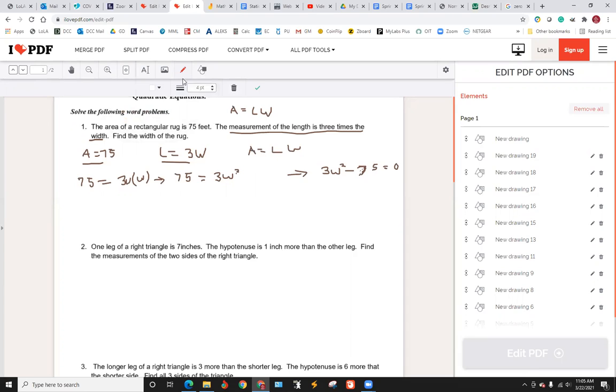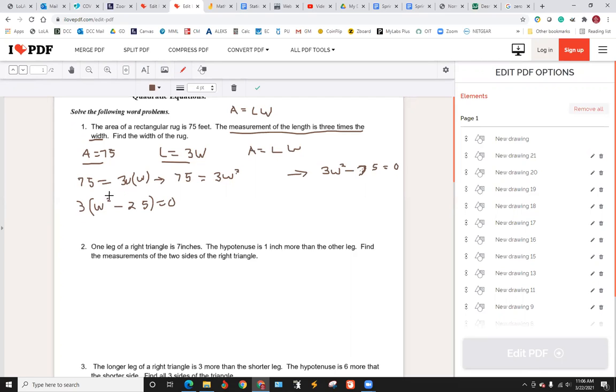All right. So the way to proceed here is to factor this, but in order to factor it, you take out the GCF. So it's 3 times W squared minus 25 is equal to 0. Again, since there's no variable in the 3, that's not going to lead to a solution.